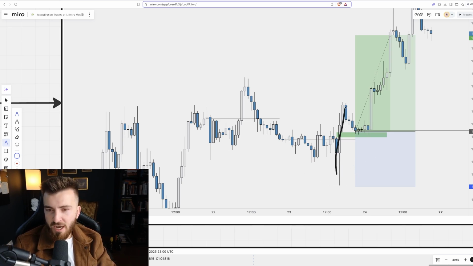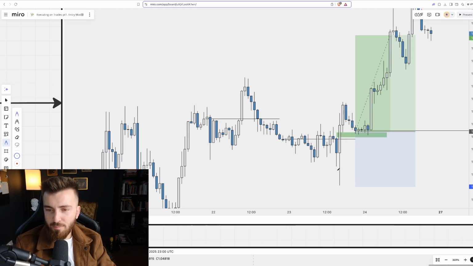The market moves higher, gives you the market shift, but notice how right here, you don't have a fair value gap yet, right? You don't yet have a fair value gap. So you wait for the fair value gap to be created. The market pulls back to it. You enter.